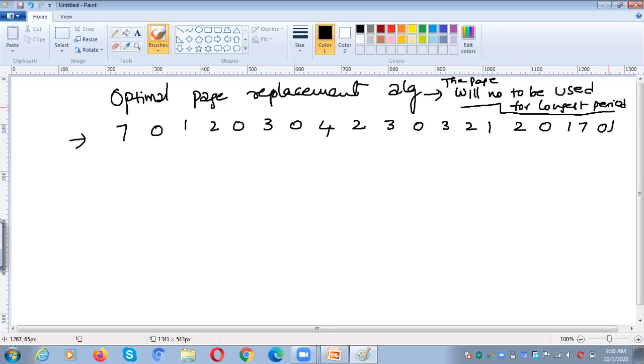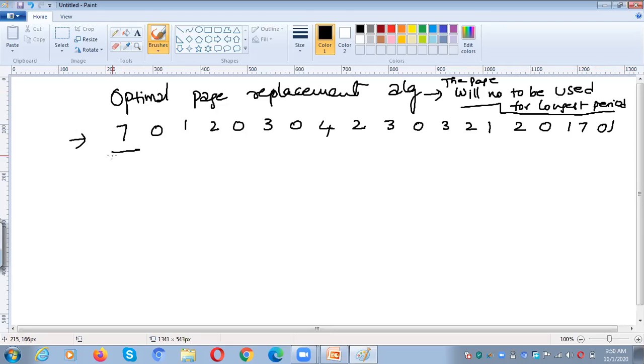What is FIFO? The page which entered into the main memory frame first will be taken out from the main memory first. That is about FIFO. Then what is optimal page replacement algorithm? The page which will not be used for the longest period will be selected as a victim page.